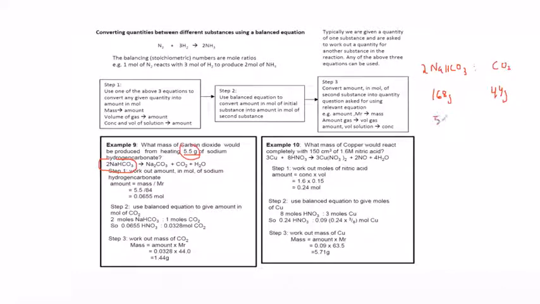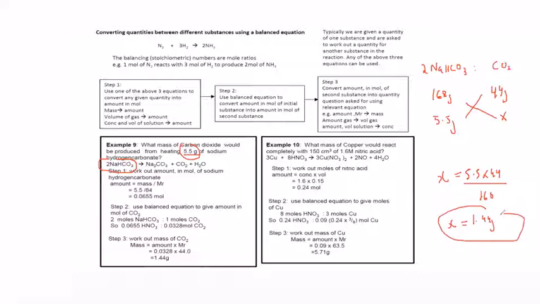So if we have 5.5 grams, then this will be X. Cross multiply: X is equal to 5.5 multiplied by 44 divided by 168. So X will be equal to 1.44 grams. That's the final answer.